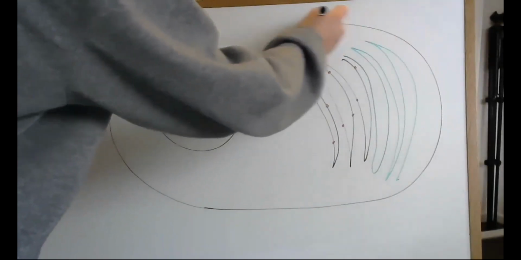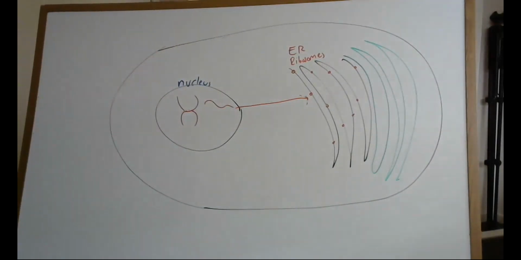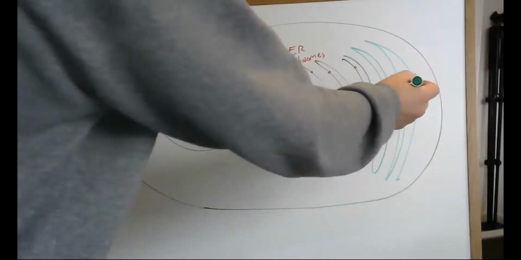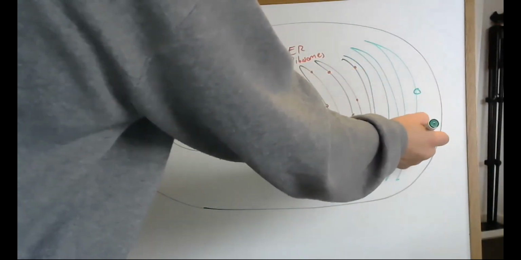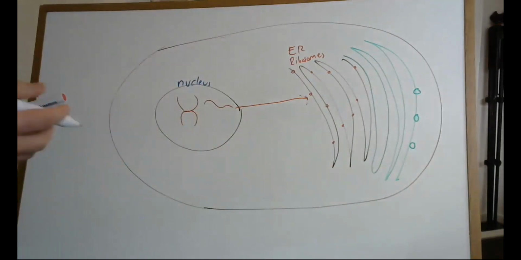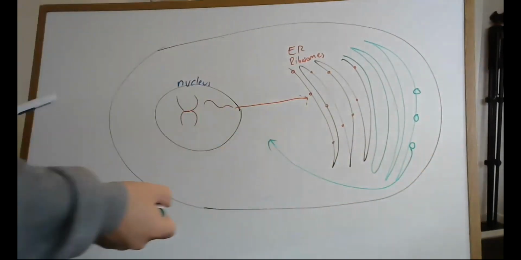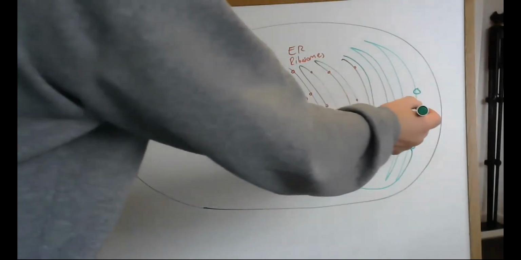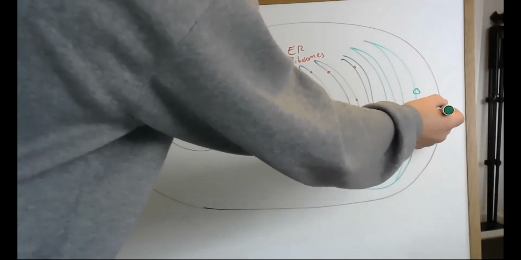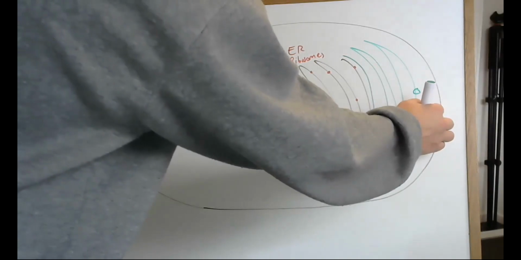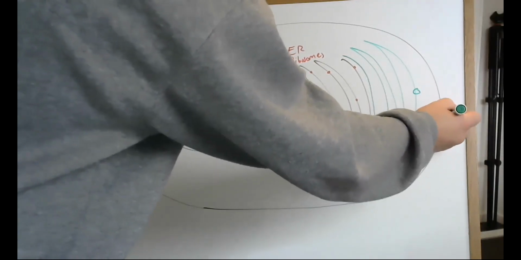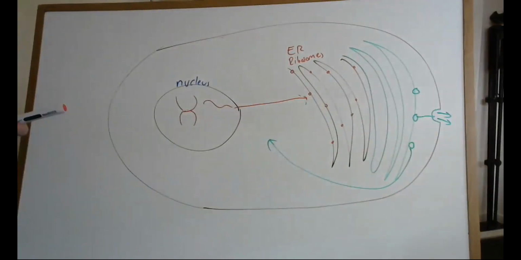So that's our nice long cell. The Golgi apparatus packages the proteins up into vesicles. Those vesicles either get sent into the cell to do something, or they get sent to here, where they fuse with the cell membrane and their contents are ejected out of the cell.